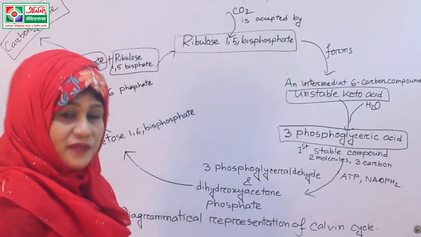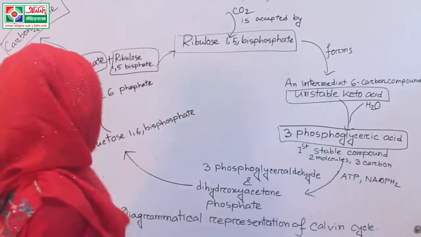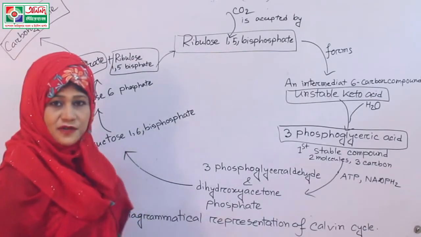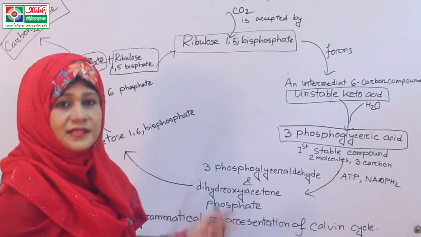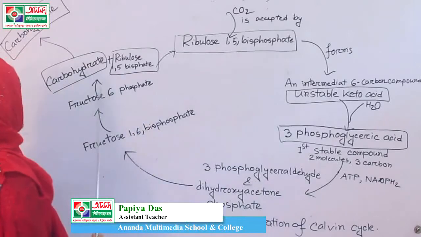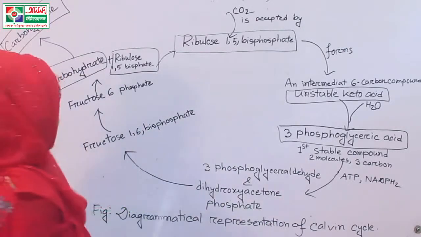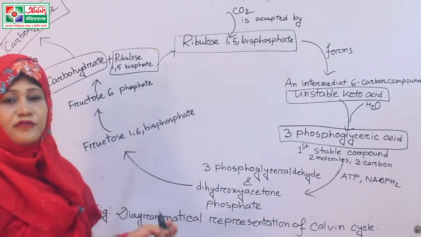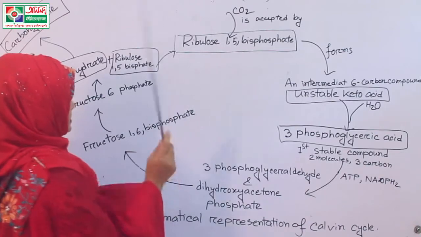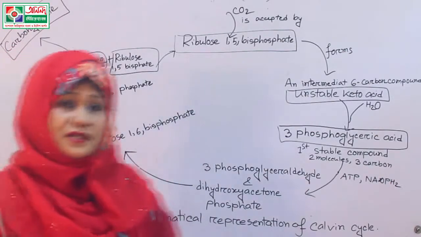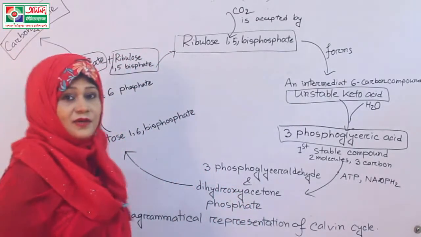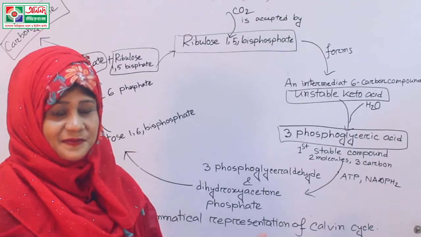So from 3-phosphoglyceraldehyde and dihydroxyacetone phosphate, we will get fructose 1,6-bisphosphate. From fructose 1,6-bisphosphate, fructose 6-phosphate, and from fructose 6-phosphate, carbohydrate and ribulose 1,5-bisphosphate. This ribulose 1,5-bisphosphate enters the Calvin cycle, and after these 6 cycles we get only 1 molecule of glucose.